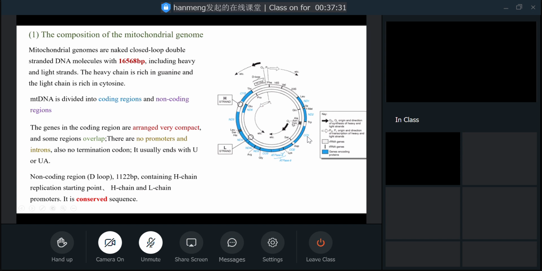It is about 1,122 base pairs, and it contains the heavy chain replication start point and the heavy chain and light chain promoters, named PH and PL, promoter for the heavy chain and promoter for the light chain, and also the origin of the heavy chain. And the D-loop is a conserved sequence in the mitochondrial DNA.